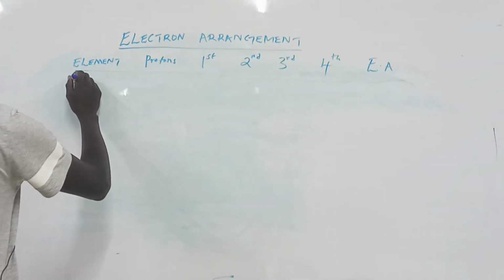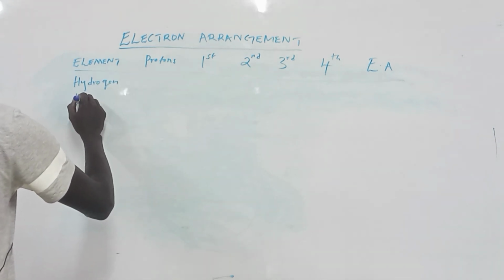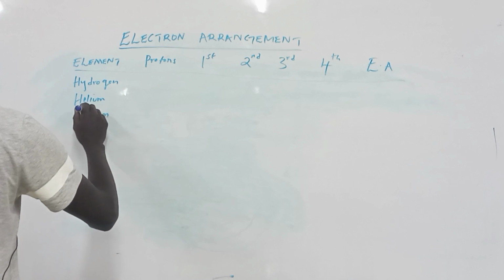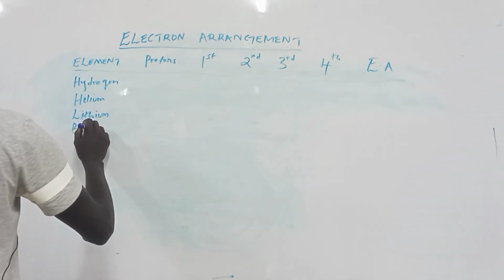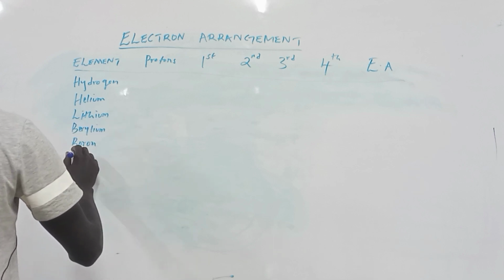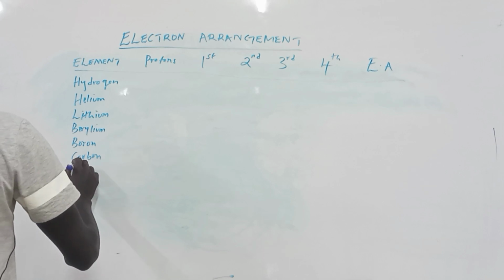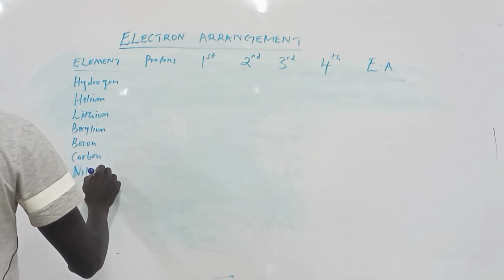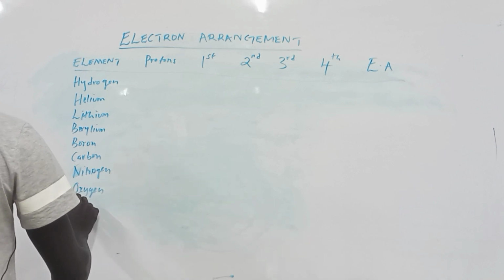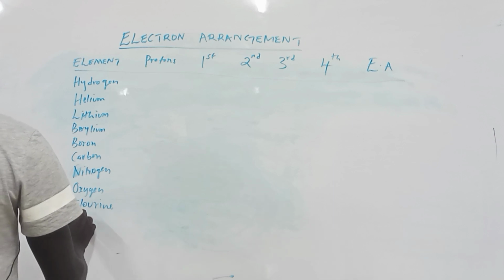Now we start with hydrogen, helium, lithium, beryllium, boron, carbon, nitrogen, oxygen, fluorine, neon.